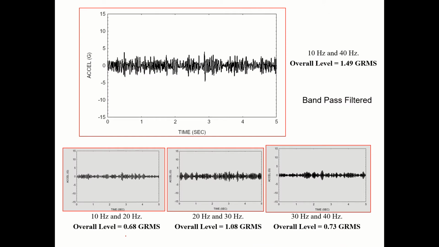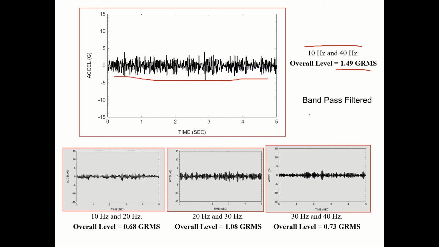Now for that, let me demonstrate this. This is the acceleration versus time graph that we have opened. The GRMS value is overall 1.49, in the frequency range 10 Hz to 40 Hz.